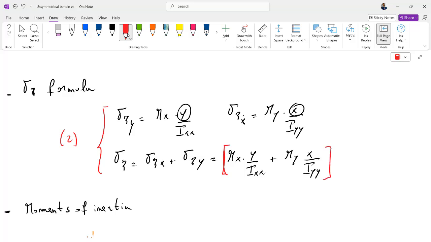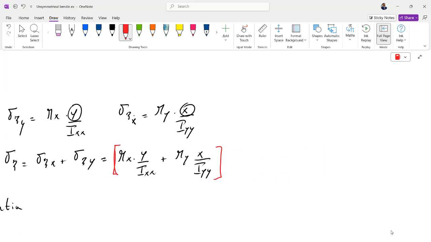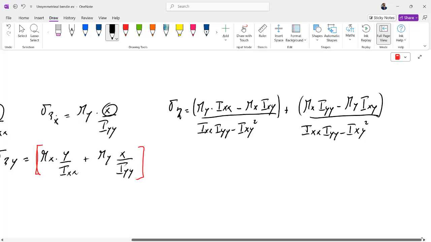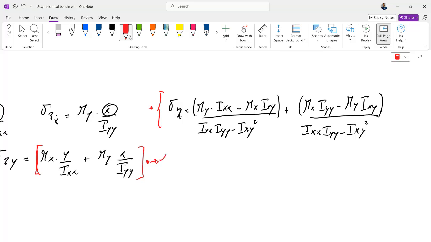We have studied in the previous lecture the general relation of sigma z, this is the general formula to calculate the bending stress. In this exercise we don't apply this formula but this one, so this is a derived formula of the general formula.